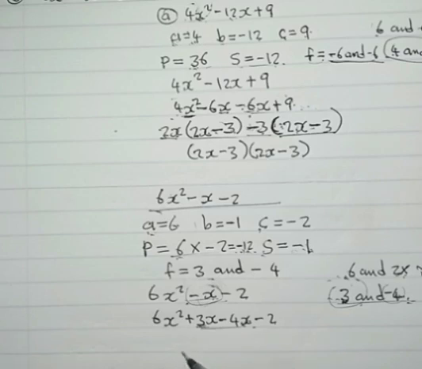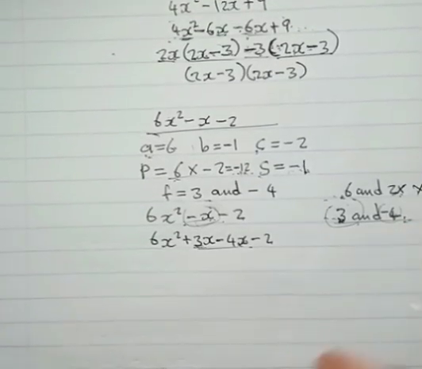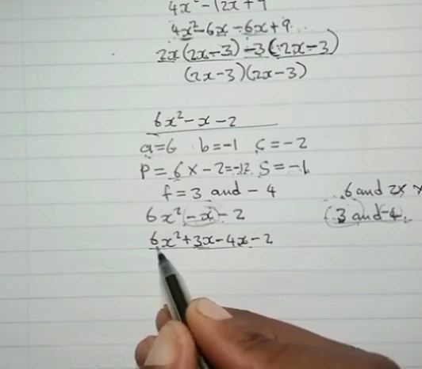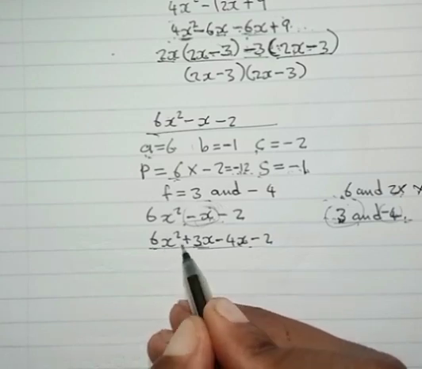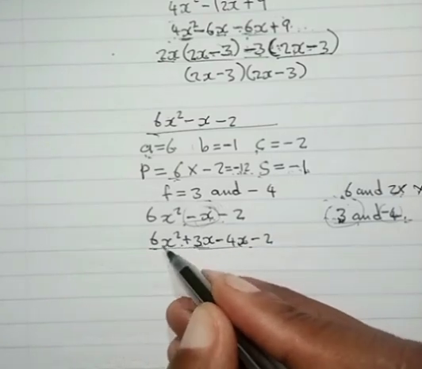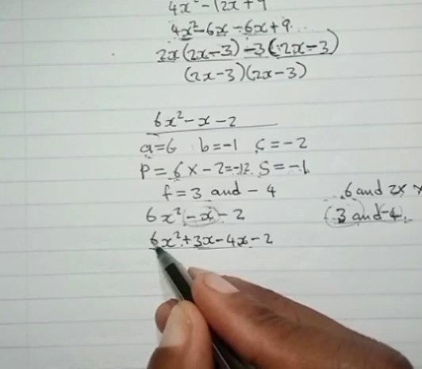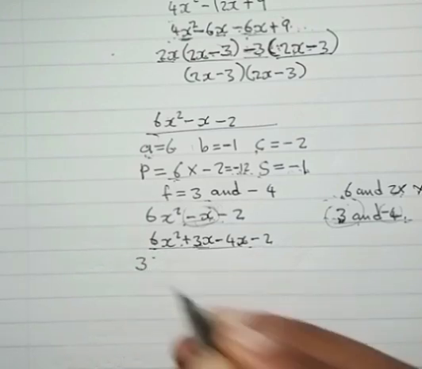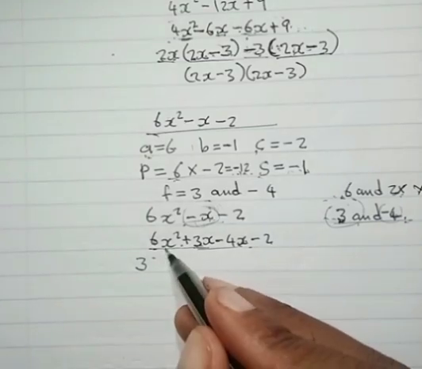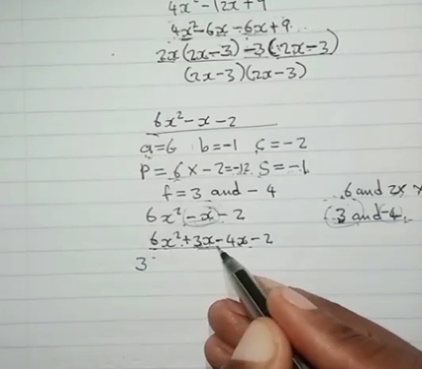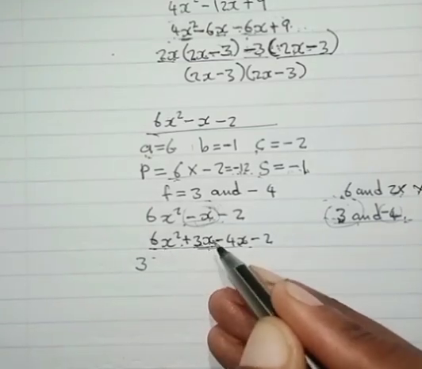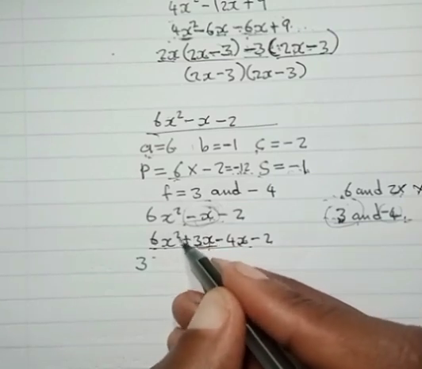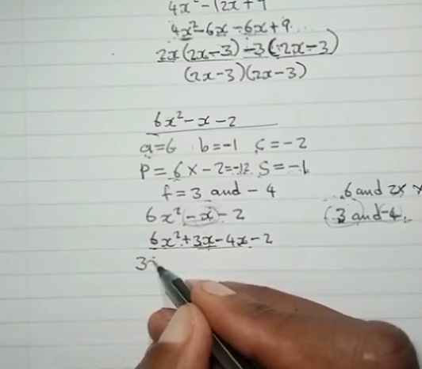Now, we can apply factorization by grouping. We want to see what's common between 6x squared plus 3x. 3 can go into 6, and 3 can also go into 3, so 3 is common. We have x here and x here, so x is also common.